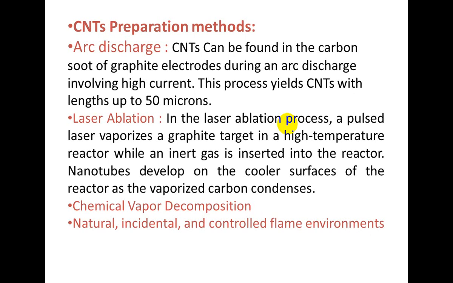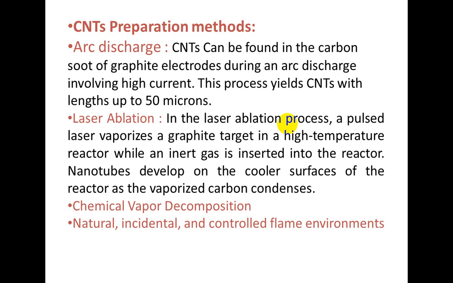The second method of preparation of CNTs is laser ablation. In the laser ablation process, a pulsed laser vaporizes a graphite target in a high temperature reactor while an inert gas is inserted into the reactor. Nanotubes develop on the cooler surface of the reactor as the vaporized carbon condenses.